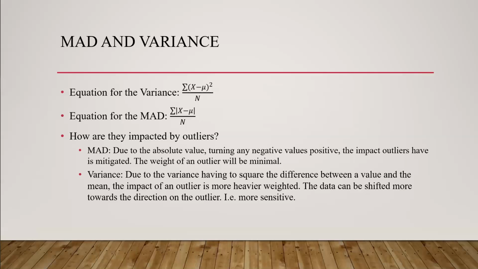But 27 squared is such a big number, and then you sum everything else up. So what I'm trying to say is, when you have an outlier, it gives more weight to that specific outlier for the variance. However, for the MAD, the weight is slightly mitigated because you're not squaring anything, you're just taking the absolute value. So the impact is much less when compared to the variance.